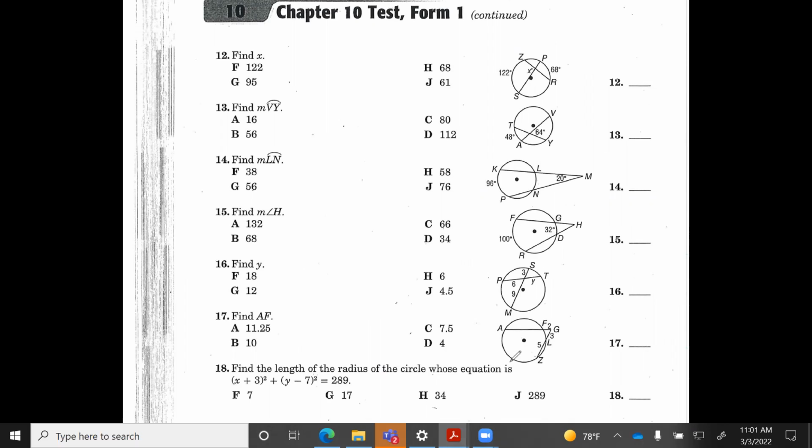Number 12, right? That's where we just left off. Okay. Now we have angles intersecting inside a circle. And we're looking at the angle measures. The angle measure is going to be equal to what? What do we have to do on this one? So this is the angle that we're trying to find.